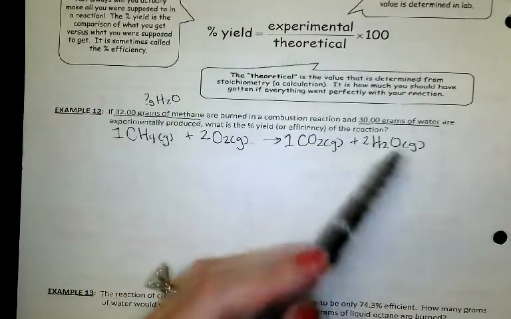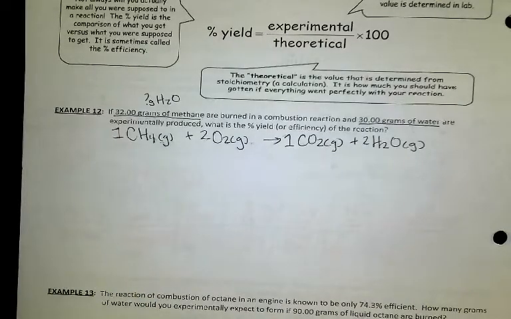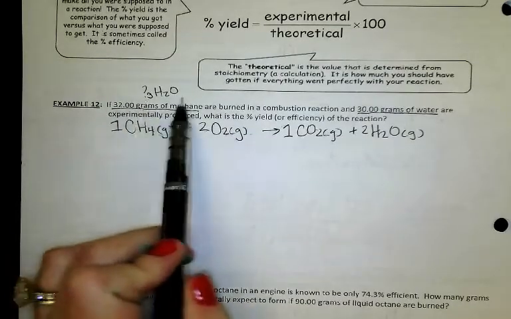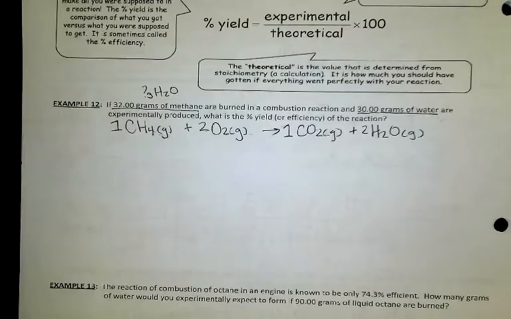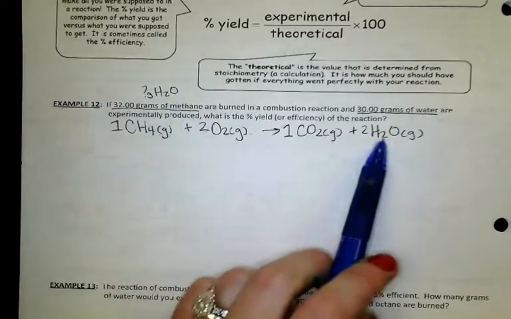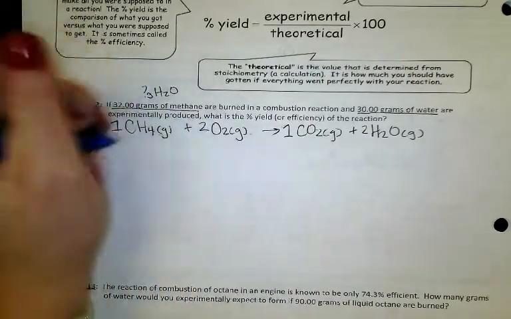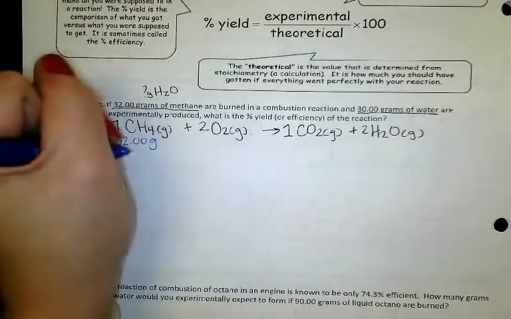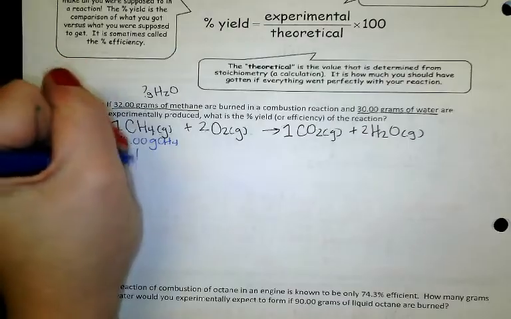We're trying to see how many grams of water can be produced if I'm given 32 grams of methane. So I got 32 grams of methane. Okay, so we're going to convert grams of methane to moles of methane using the molar mass of methane.